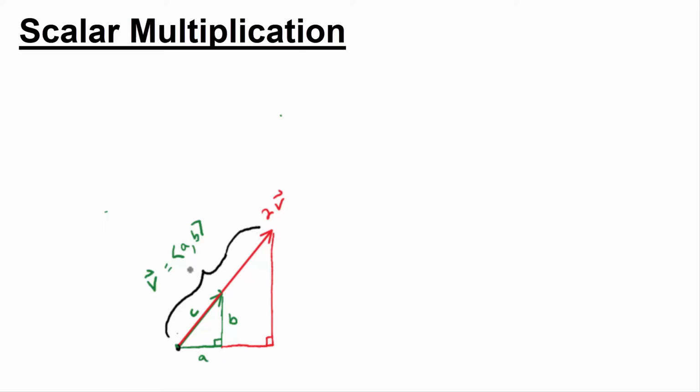But we know from geometry that the big triangle, I'll write this down using very unmathy notation, is similar to the little triangle. What that means is corresponding sides are proportional.